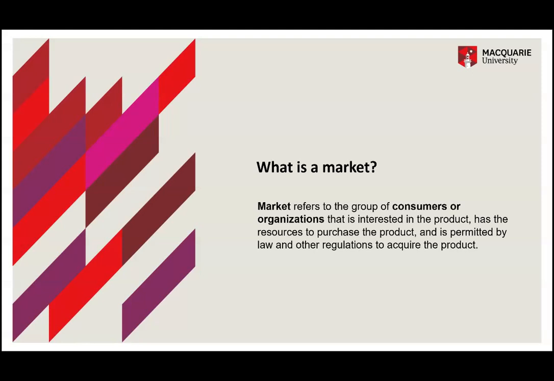Now, a market refers to the group of consumers or organizations, if we're considering business-to-business marketing, that is interested in the product, has the resources to purchase the product, or is permitted by law and other regulations to acquire the product.